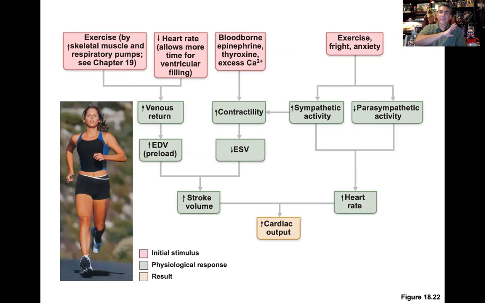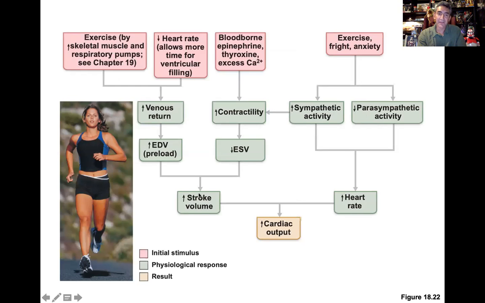So there are a lot of these good flow charts throughout the book, throughout the internet, just a way of putting everything together, right? The main concept here being cardiac output. What are some things that have an impact on cardiac output? Stroke volume and heart rate. What are some things that can affect heart rate? Well, sympathetic and parasympathetic activity.